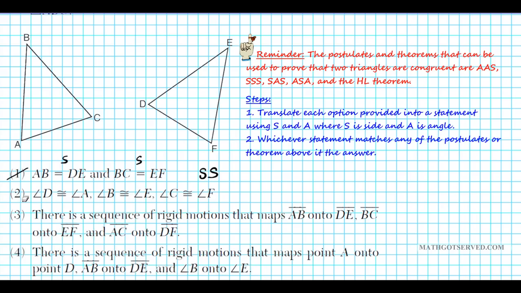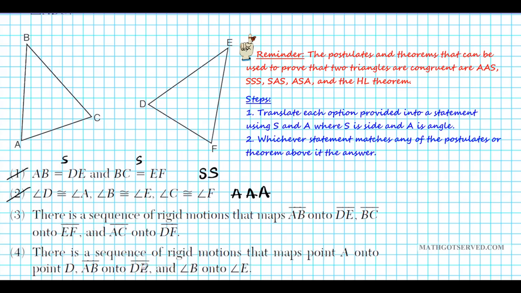All right, let's take a look at number two. We have angle D congruent to angle A, angle B congruent to angle E, angle C congruent to angle F. This is A angle, A angle, A angle. Is AAA sufficient to prove congruency? Absolutely not.